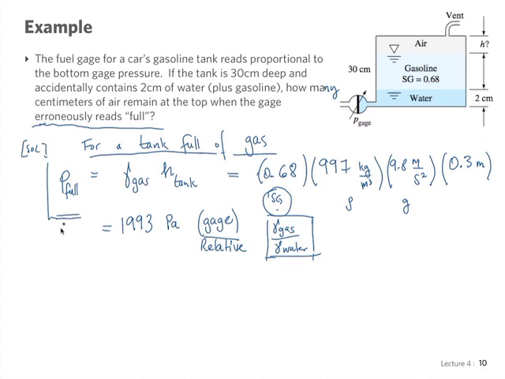So now this is the pressure that we need to set equal to, well, the situation that we see in the picture. 2 centimeters of water plus some distance of gas that we don't know, X centimeters of gas.